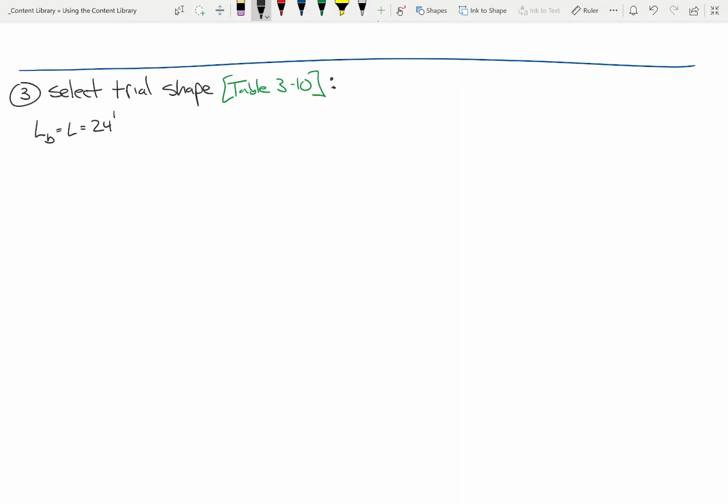So MU over CB is 440.64 foot kips over 1.14, which is what? I do want to make a point about this after we do this calc, by the way. 386.53.